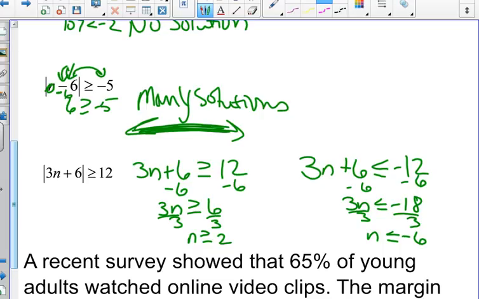Okay, and we're going to graph it on a number line. So we have our 0, we have our negative 6, we have our 2. This time it's a closed circle. Closed circle at negative 6. And it says n is less than or equal to negative 6, so that means smaller than negative 6. This one's also a closed circle. It says n is greater than or equal to 2, so it's that way. So that is the answer to our problem.